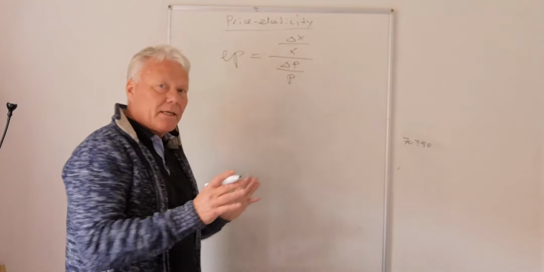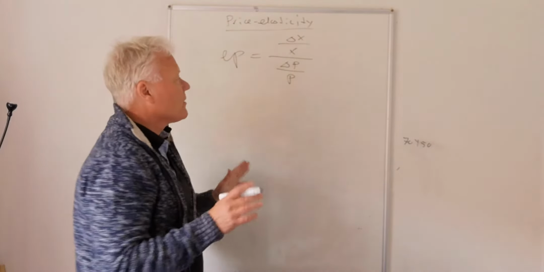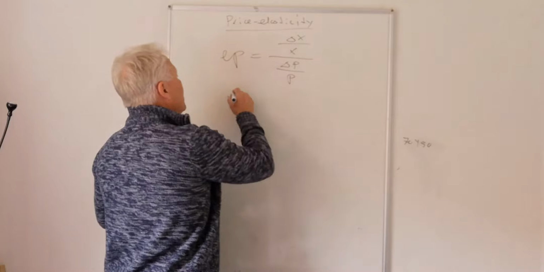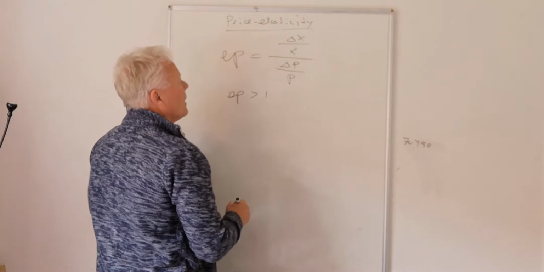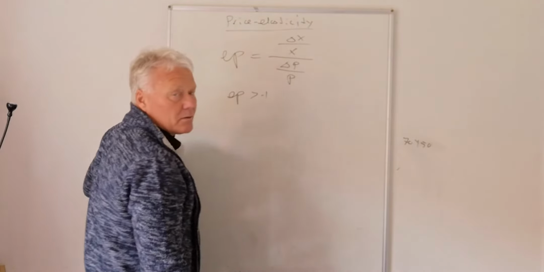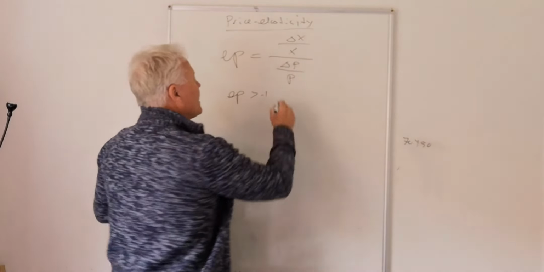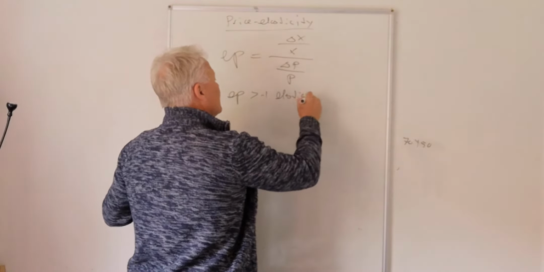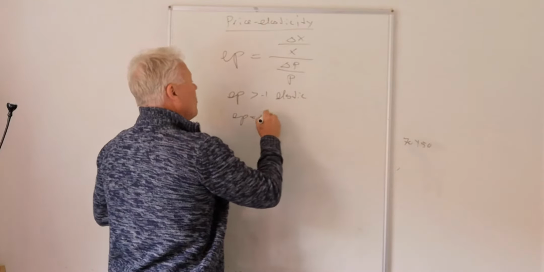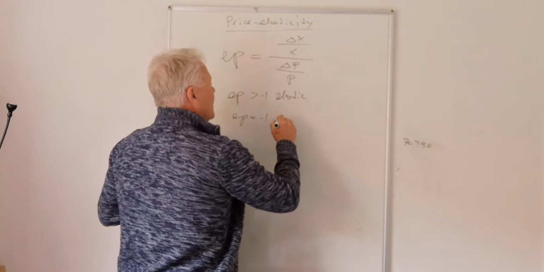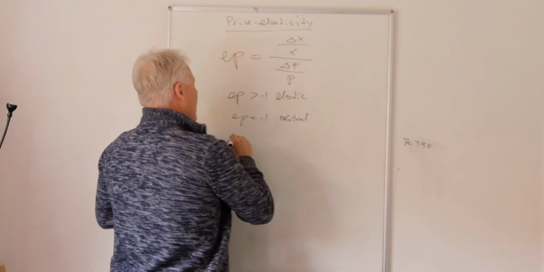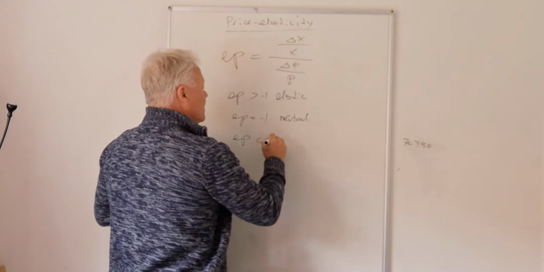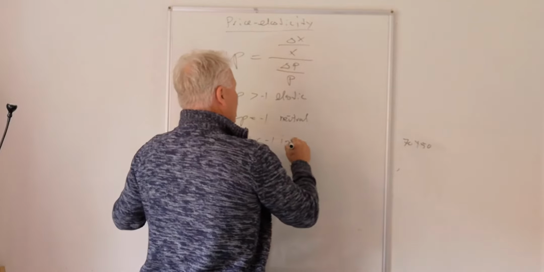And what we say, I'll talk about that later in another video, but if EP is higher than 1 or lower than minus 1, it's elastic. If EP is equal to 1 or minus 1, it's neutral. And if EP is less than 1, it's inelastic.